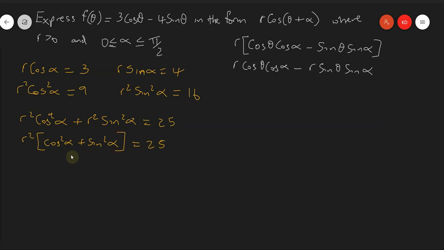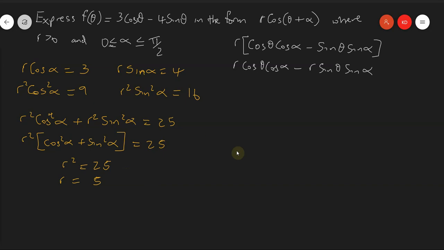Cos squared alpha plus sin squared alpha is equal to 1, so that would just be r squared times 1, so therefore r squared is equal to 25, which means that r is equal to 5. Cool. And it specifically said that r is greater than 0, so therefore we will not be using plus or minus 5.